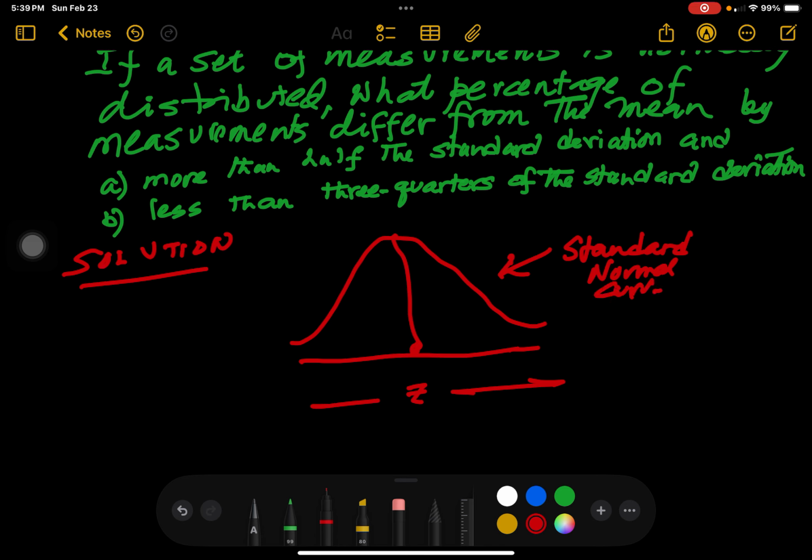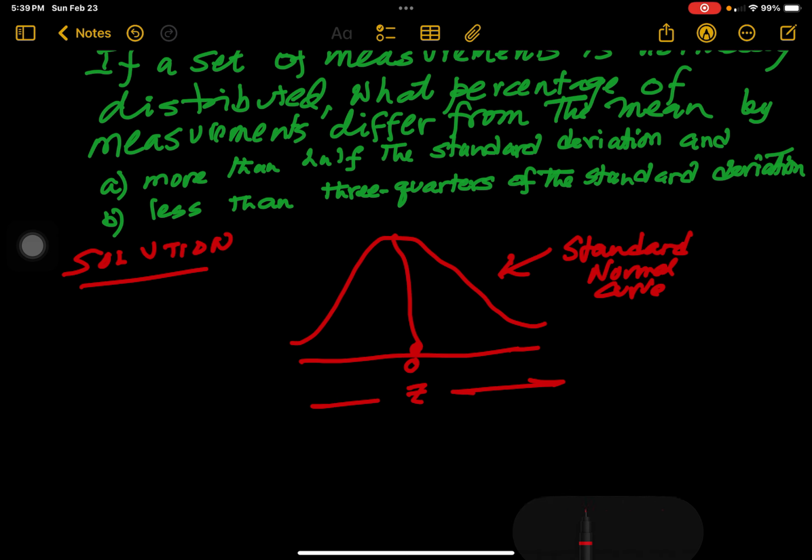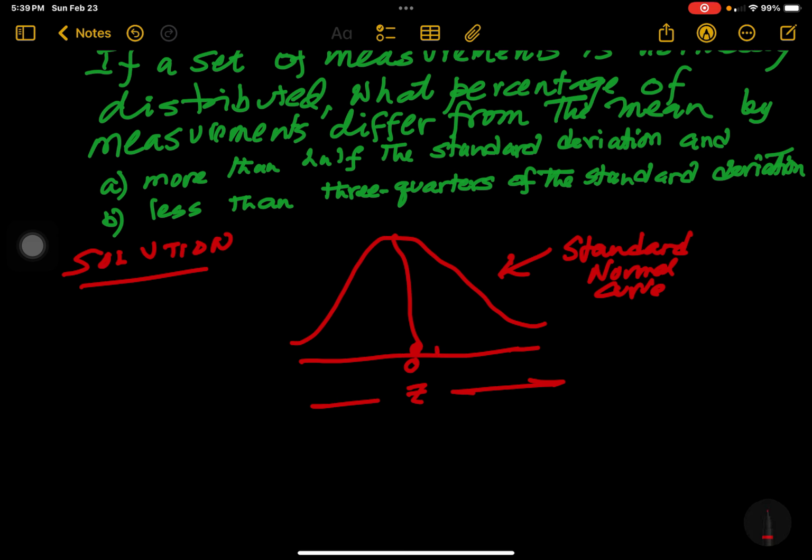At the center, z is equal to 0. We go on both sides of the mean by half a standard deviation, so the z-score over here is 0.5 and the z-score on the left of the mean is minus 0.5, roughly.